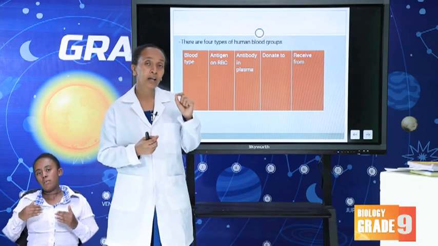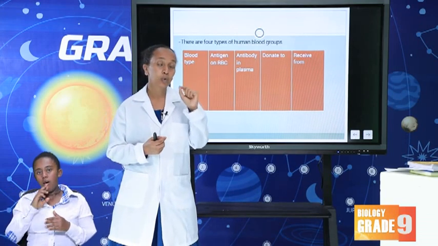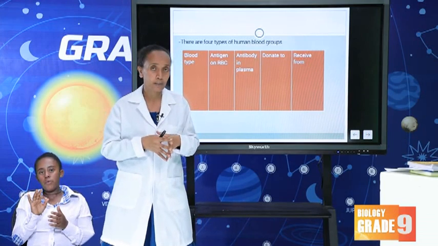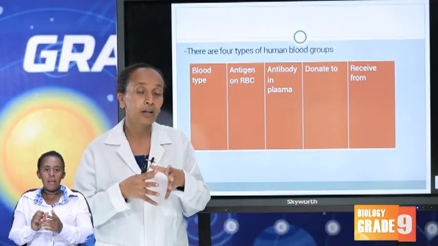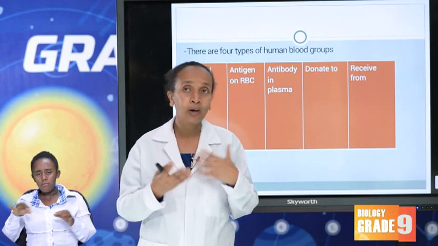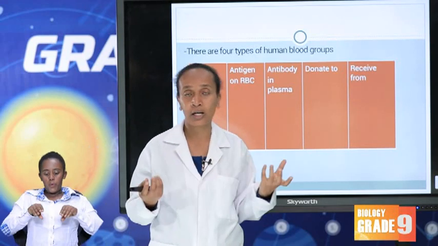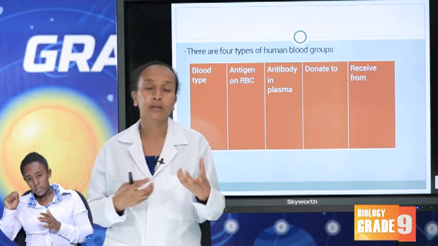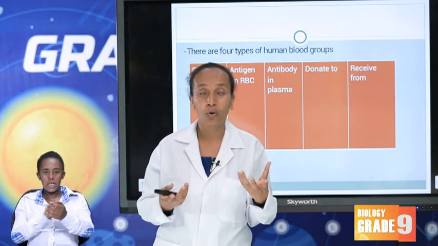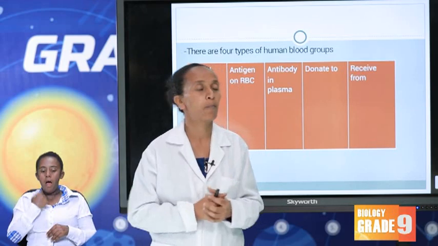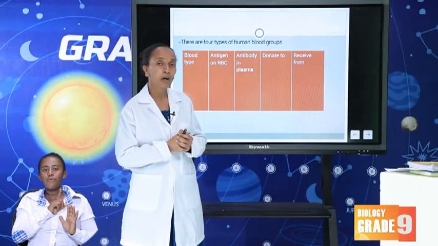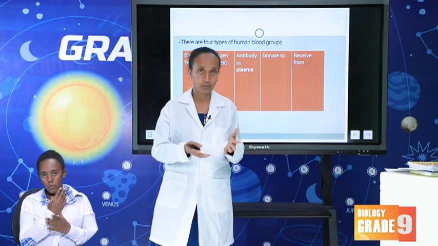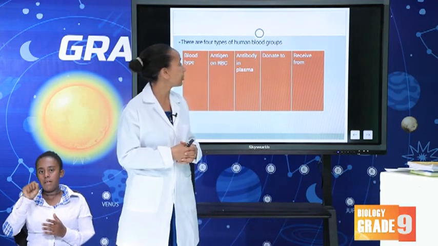Antigens are a type of protein found on the surface of cells. Antigens are important because they allow cells to recognize each other, which means antigens are used as cell recognition or identity for the cell. And antibodies are also proteins, but they are produced by the plasma portion of the blood.